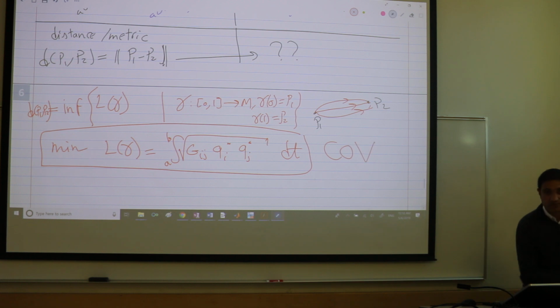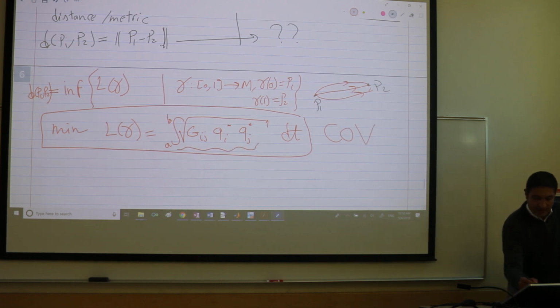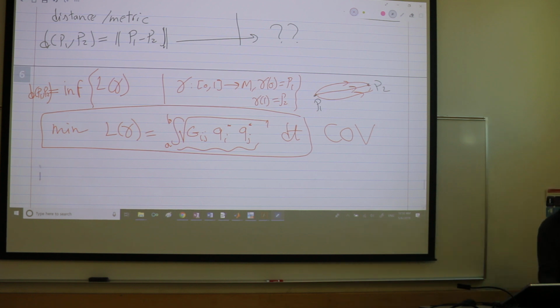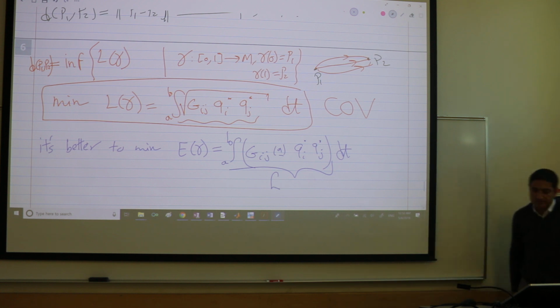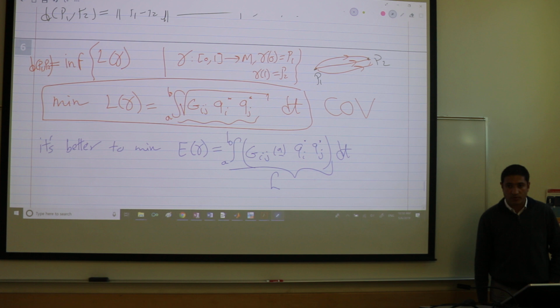That is a calculus of variations problem. But actually, as always, when I have a square root, it's better to minimize the energy of the curve. I will remove the square root: g_ij, which is a function of q, q_i dot, q_j dot, dt. This is your Lagrangian. Go and apply Euler-Lagrange to do your calculus of variations problem.